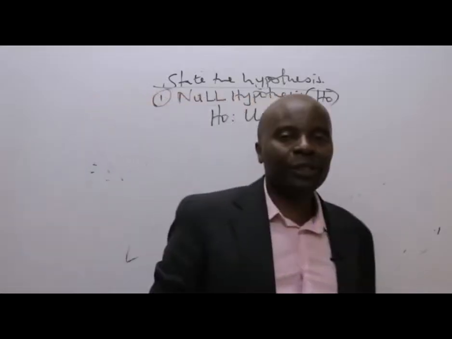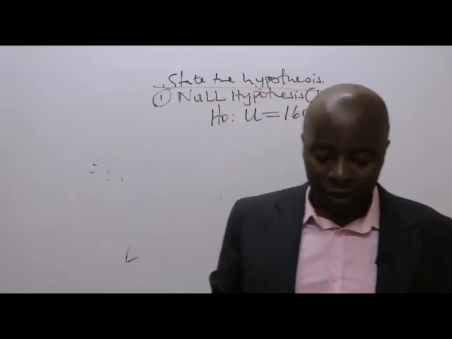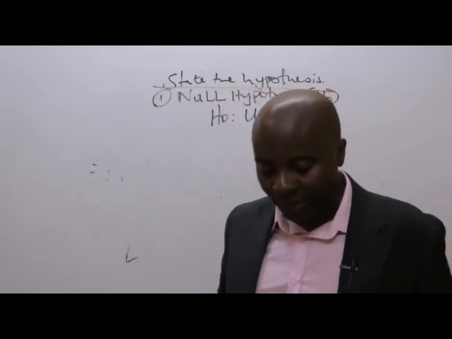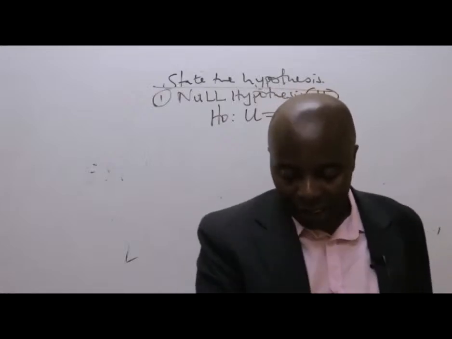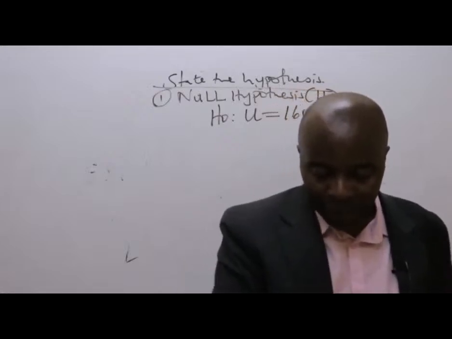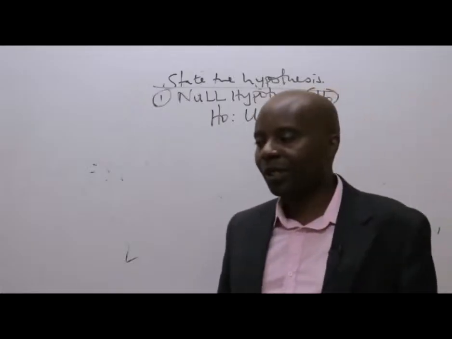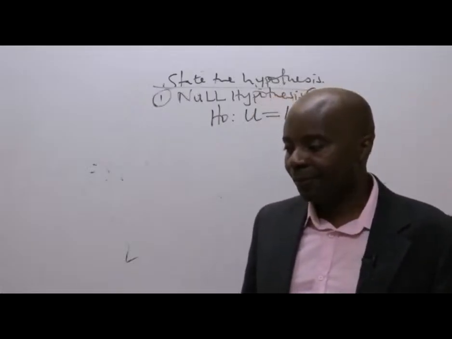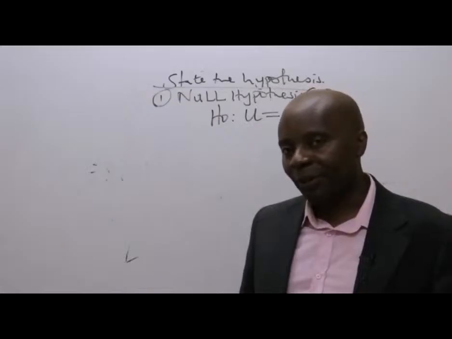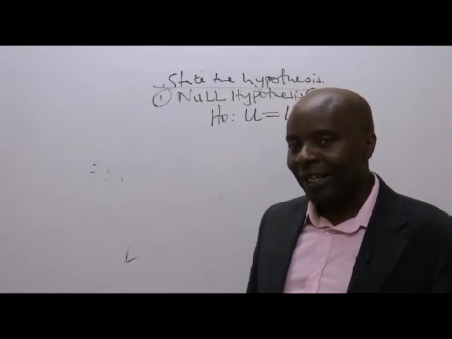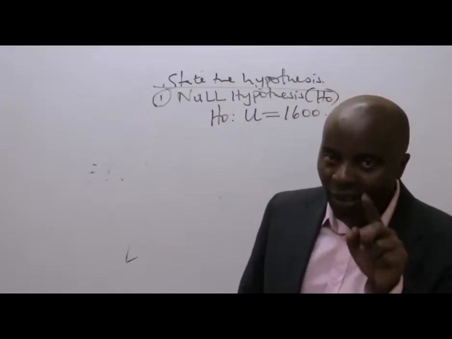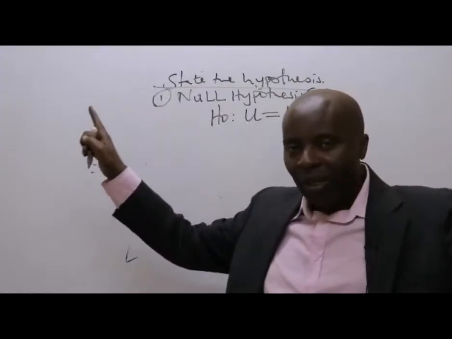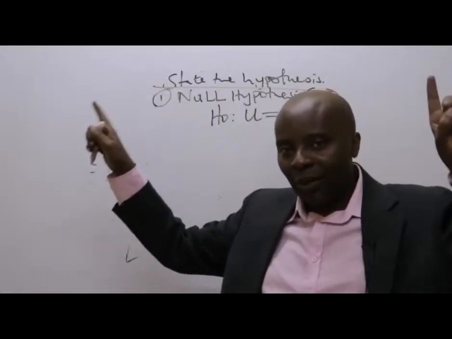The null hypothesis is because they want us to test the claim that the mean lifetime of the tubes produced by the company is 1600. Now, ladies and gentlemen, remember they want us to test the claim that when we put up that bulb, it's going to stay there for 1600 hours.